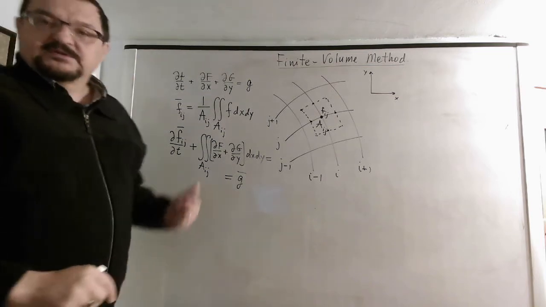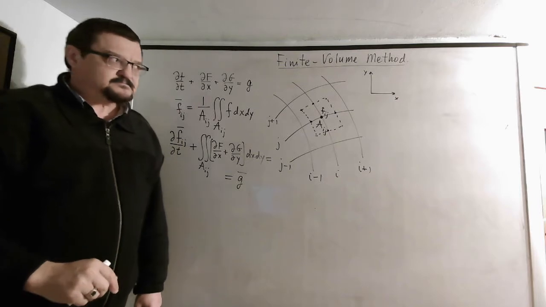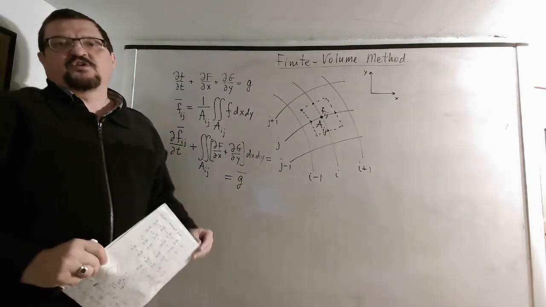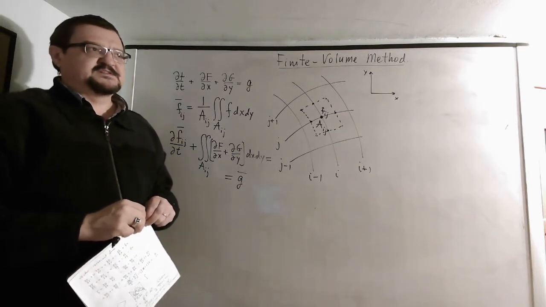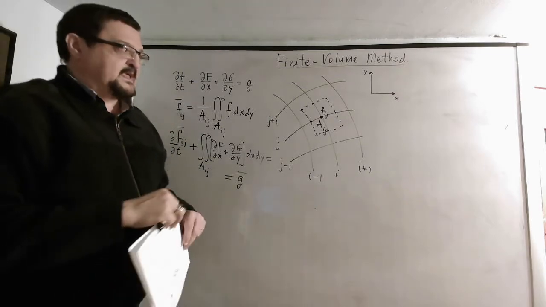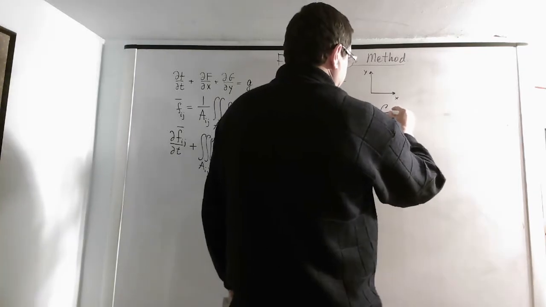So for that we will use Green's theorem, which is just a two-dimensional version of the more general Stokes theorem, which is a three-dimensional statement. Here we use Green's theorem, which says the following.